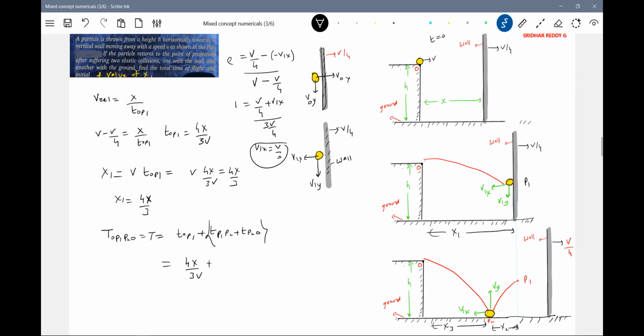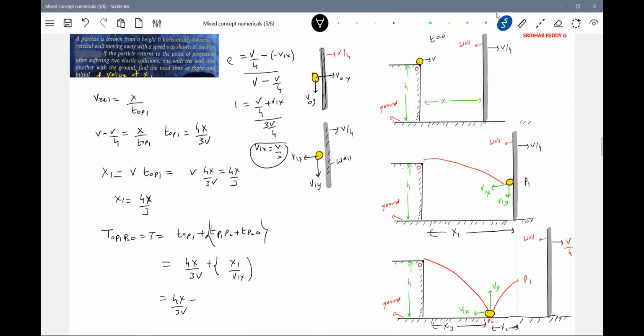This I'll put in a bracket, and this should be equal to x1 by v, or only x1 by v. Time taken from here to here is x1 by v by 2, no, or I'll write it.